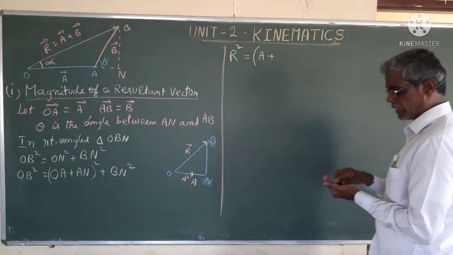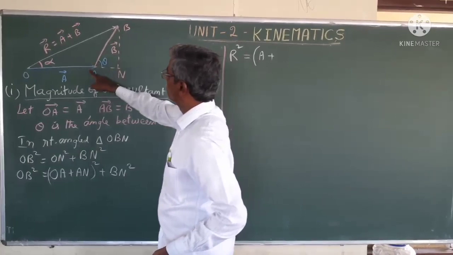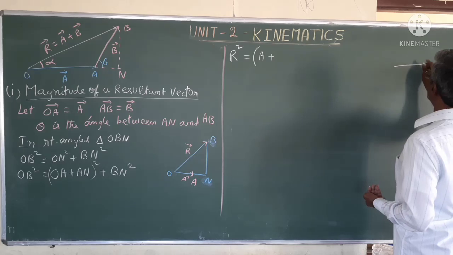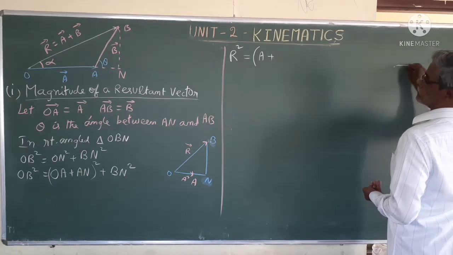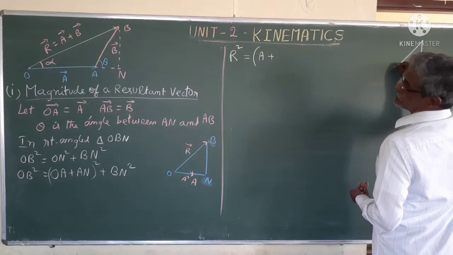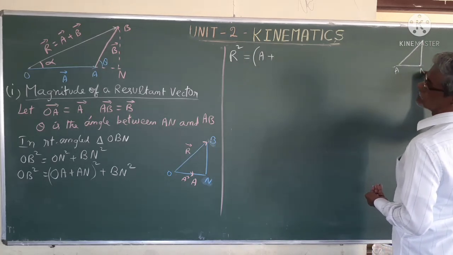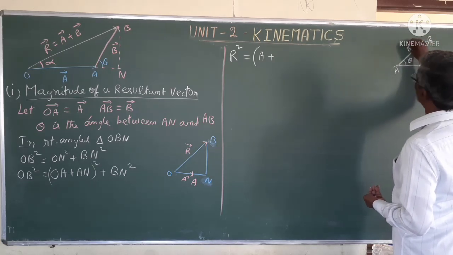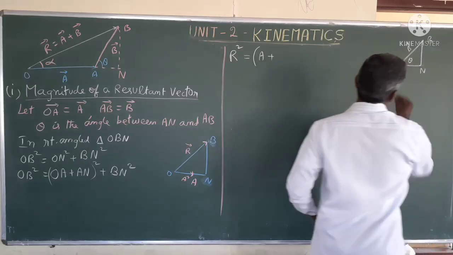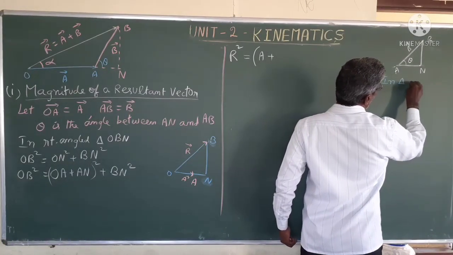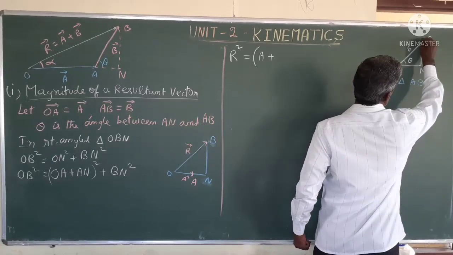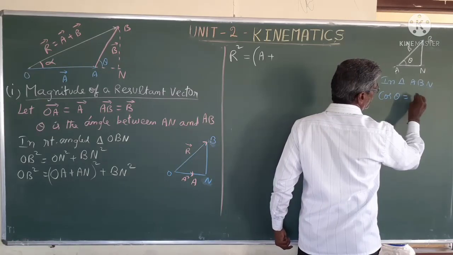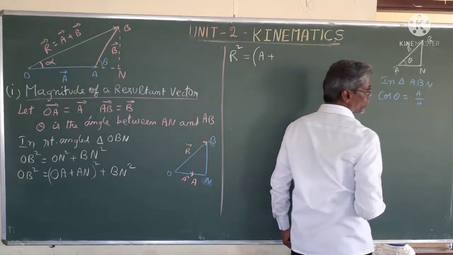Now I will calculate AN. For that, you take this triangle ABN. Now, in triangle ABN, cos theta is equal to adjacent side by hypotenuse.